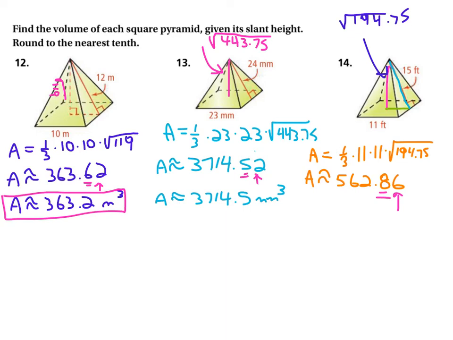So we look here, is that 5 or higher? Yes, it is. It's 5 or higher. It's a 6. So therefore, we've got the area is approximately equal to 562.9 feet cubed.